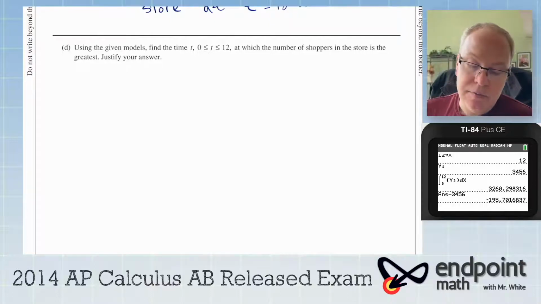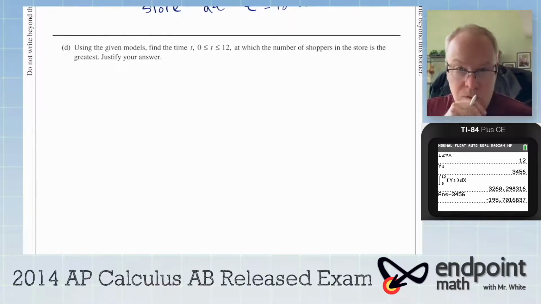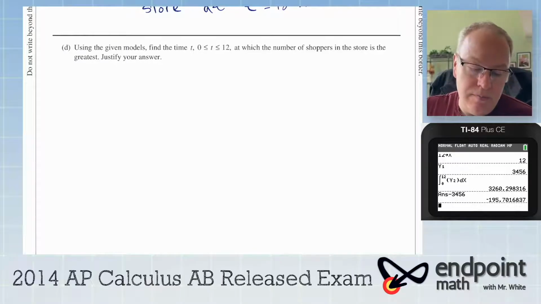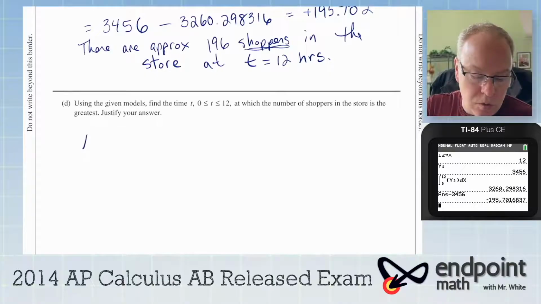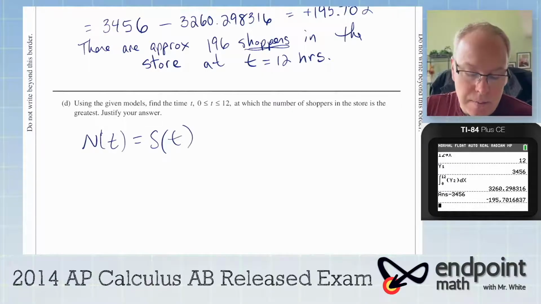Using the given models, find the time. So we're going to find the derivative of this thing up here, which would be, so the number at any given time was this minus this.